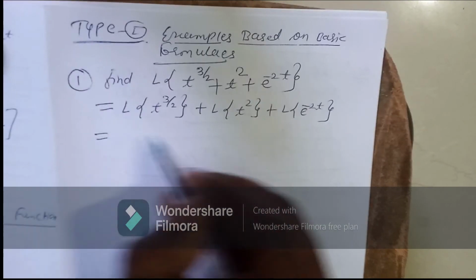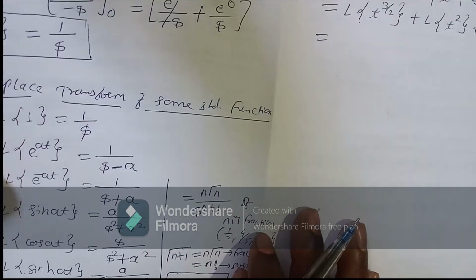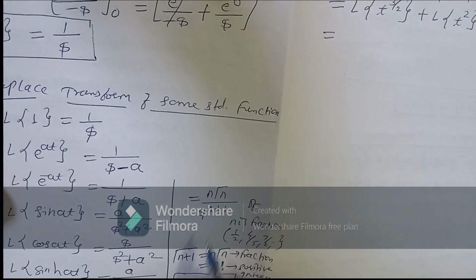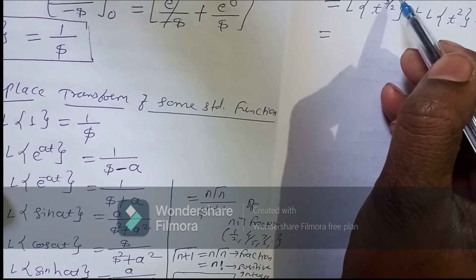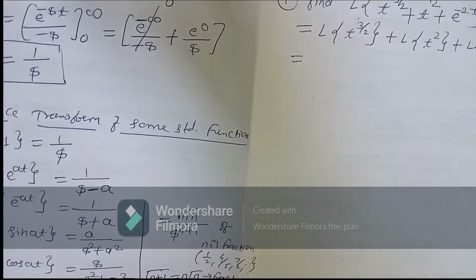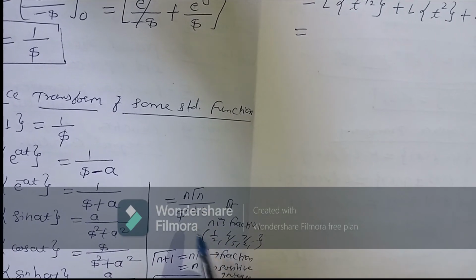So that is equal to, by using formula number 8, which we have just studied: Laplace transform of t raised to n, if n is in fraction. For that, which is the formula? n gamma n upon s raised to n plus 1.